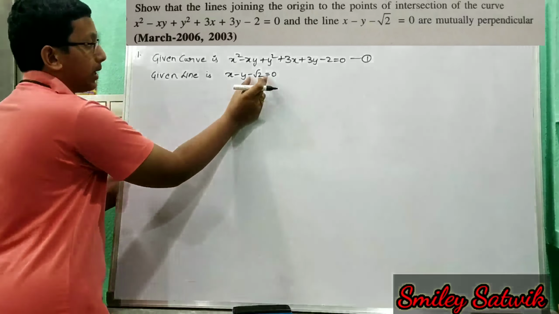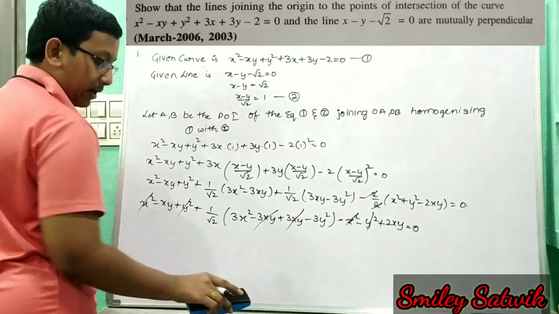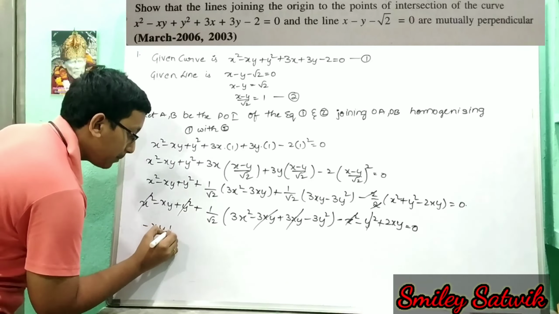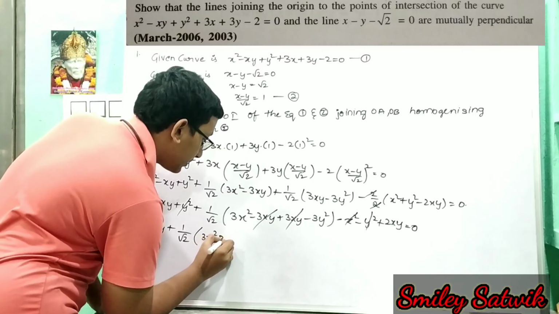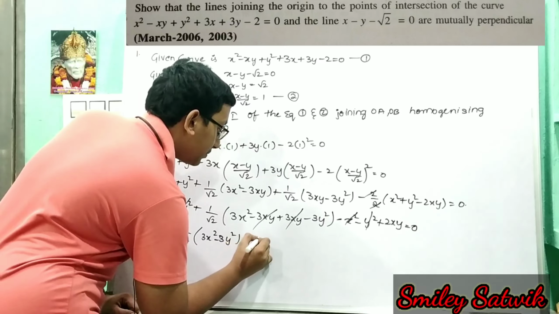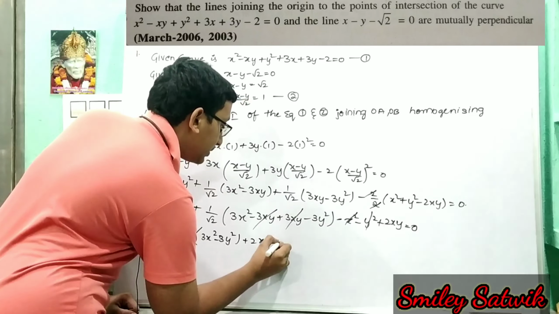Here minus x square and plus x square cancel, plus y square and minus y square cancel, and minus 3xy plus 3xy cancel. What is remaining? Minus xy plus 1 by root 2 into 3x square minus 3y square plus 2xy equal to 0.